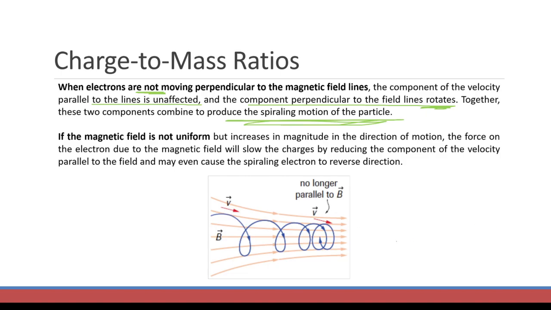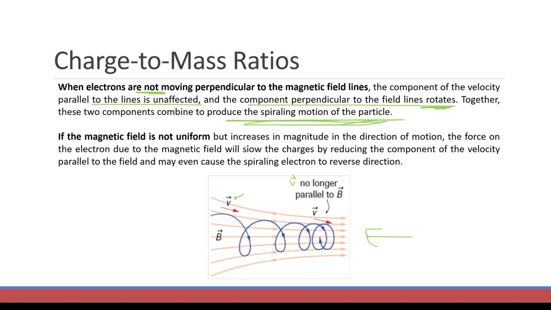So this diagram is a representation of that. We see the V is no longer parallel to B here. And notice what it does. It makes this spiraling motion, whereas before it was perpendicular. So it starts off in the same direction as B, parallel here.